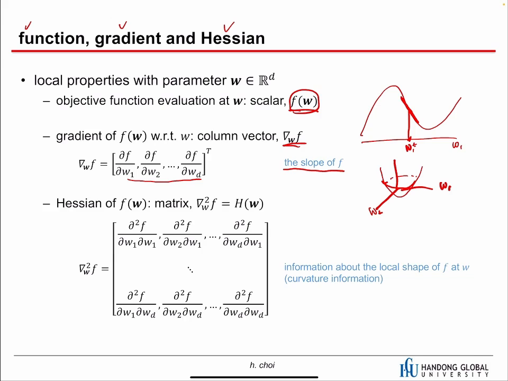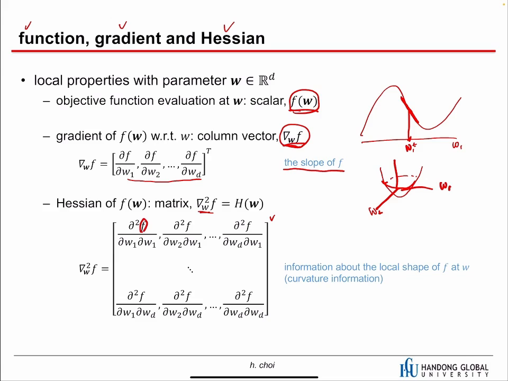And the Hessian is the second derivative of this function. Since we have lots of parameters, as I said, this parameter is a vector, so the gradient is a vector. Hessian is all about the second derivative, so the second derivative is a matrix. Look at this one.